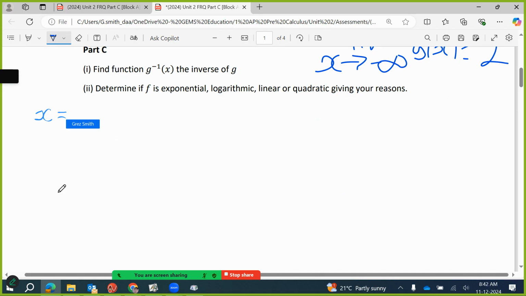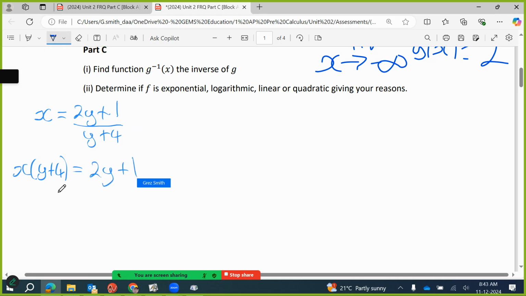And we get this 2y plus 1 all over y plus 4. I'm going to multiply both sides by this bracket, and I get the y plus 4 comes up here, is equal to 2y plus 1. And then I'm going to expand the bracket on the right-hand side. xy plus 4x equals 2y plus 1.